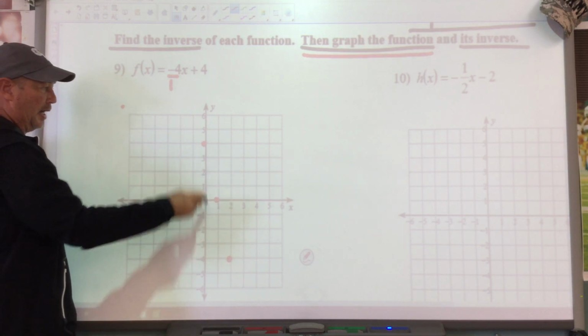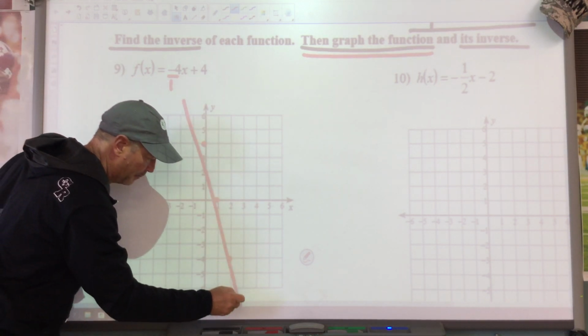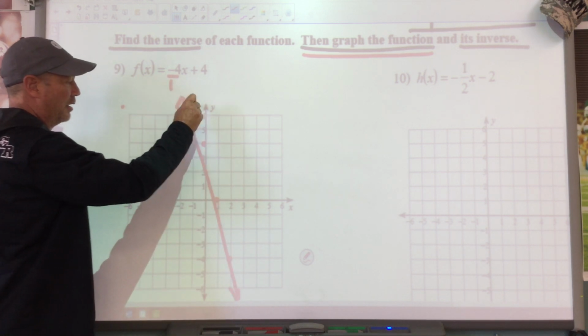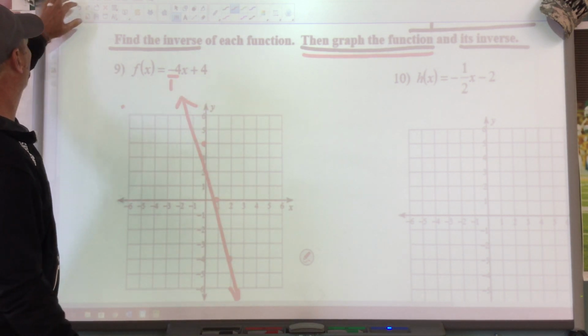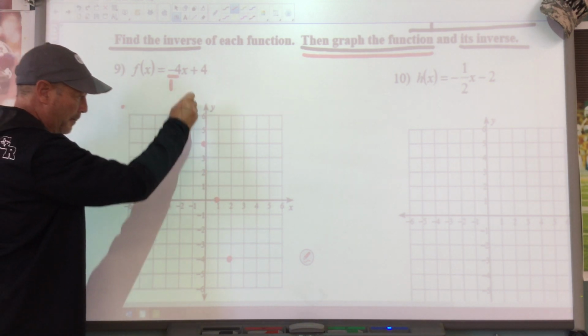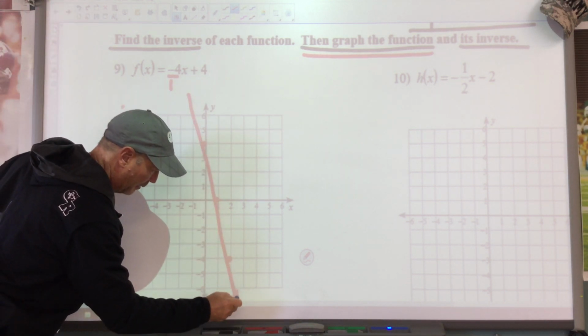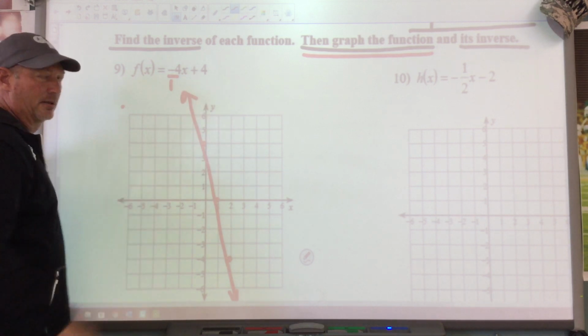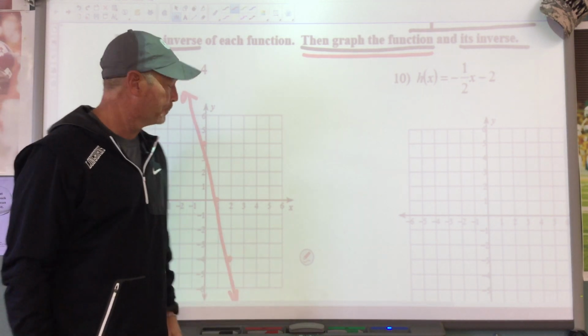We would draw a line connecting the dots. Whoop, kind of missed a little bit. Let's see if I can do a better job. Okay. That's about as good as it's going to get for me.